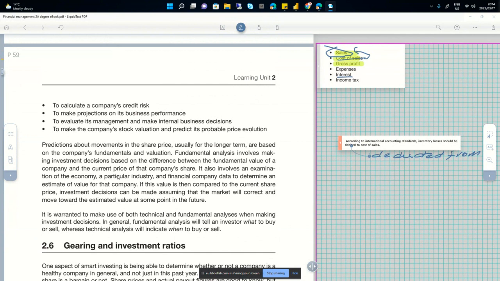So the fundamental analysis will look at what is current, as it says here, the current price of that company's share. It involves making an investment decision based on differences between the fundamental values of a company and the current price of that company's share.